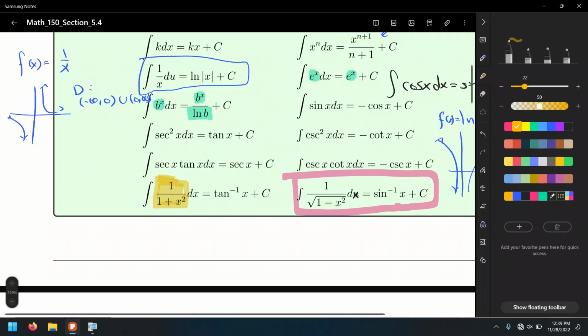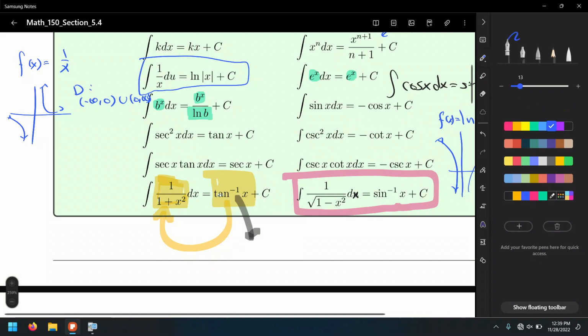It doesn't matter because it's addition of terms. In this case, this is the function whose derivative is 1 over 1 plus x squared. That is the arctangent function or inverse tangent function. Another way to denote this, let's recall.